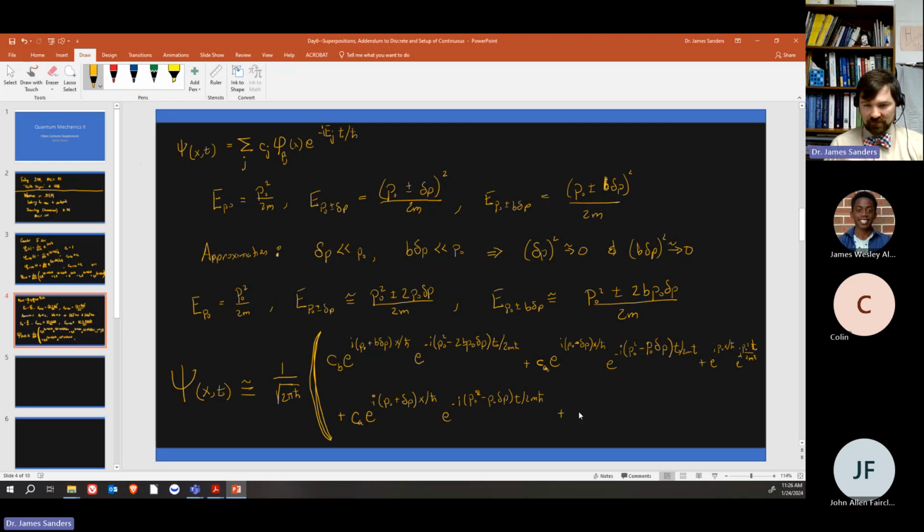And then the other outer peak. Not minus, this is plus.